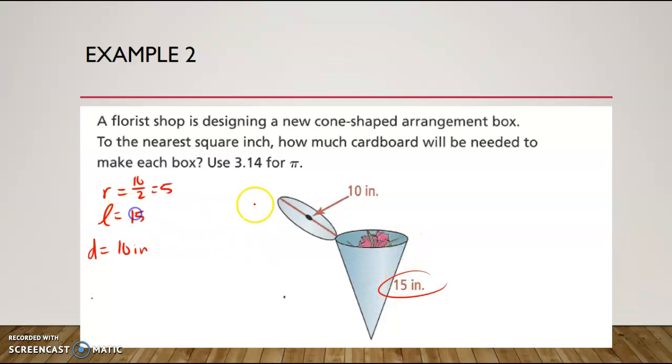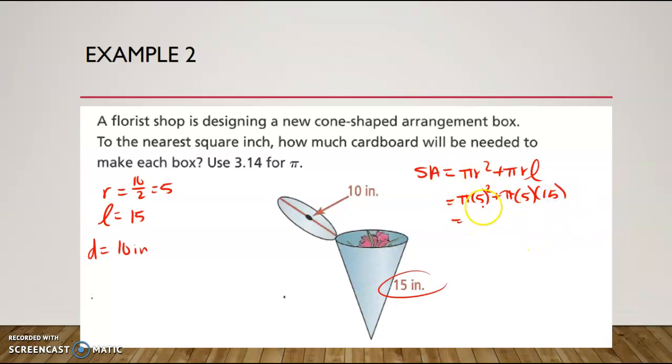So that's going to be 15. From here, I'm going to plug into the fact that surface area equals pi r squared plus pi r slant height. And so then I'm going to have pi times 5 squared plus pi times 5 times 15.